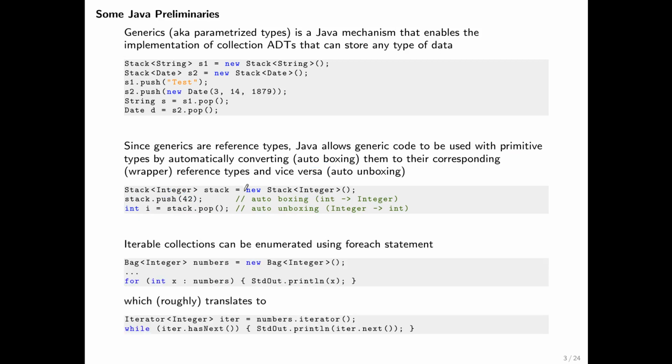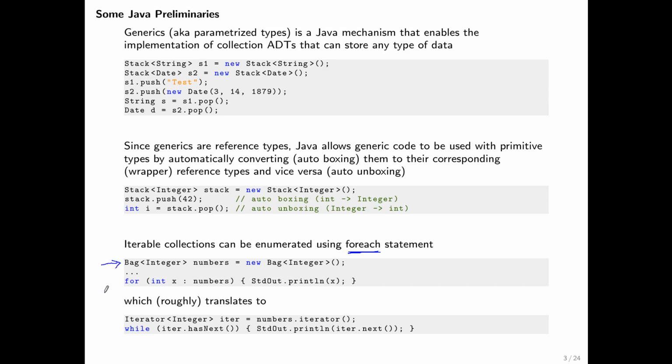Okay, now iterable collections are ones that can be enumerated or iterated over using the enhanced for loop or the for each statement. And this is something that we have discussed before when we talked about the iterable or the iterator interfaces, right? And here is an example. So later on, we're going to talk about a collection ADT called bag.